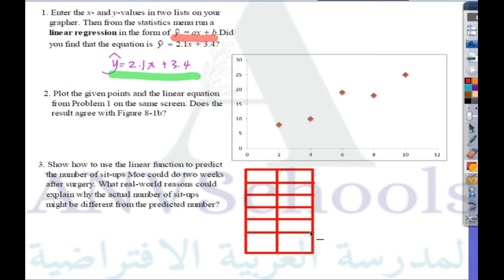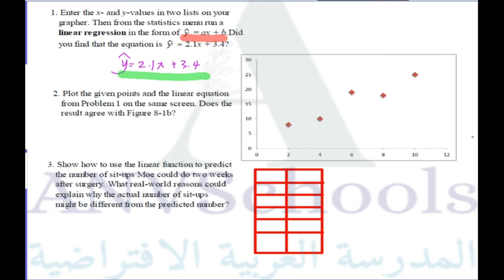Okay, so I am actually writing my x and y values. This is for my x, and this is for my y, and my x is 2, 4, 6, 8, 10.